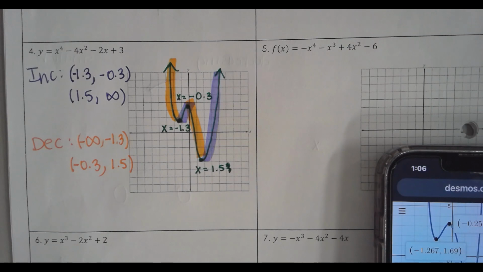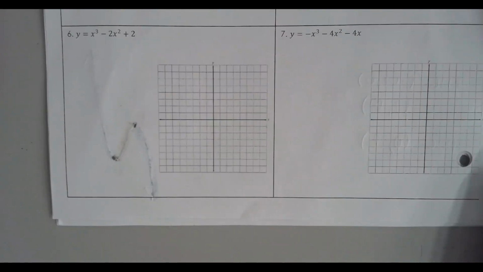I'll let you do number 6. Number 6. Get on your Desmos graphing calculator.